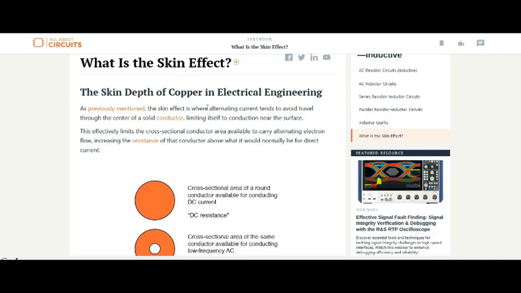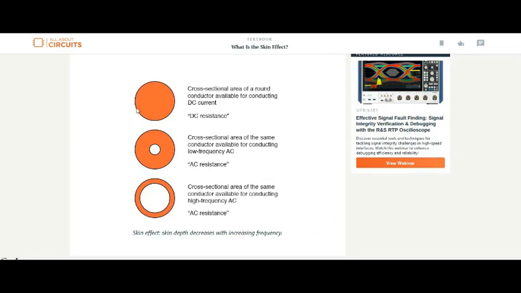It's where alternating currents tend to avoid travel through the center of a solid conductor as you increase frequency. So here they're showing the cross-sectional area of a conductor when it's just DC resistance.